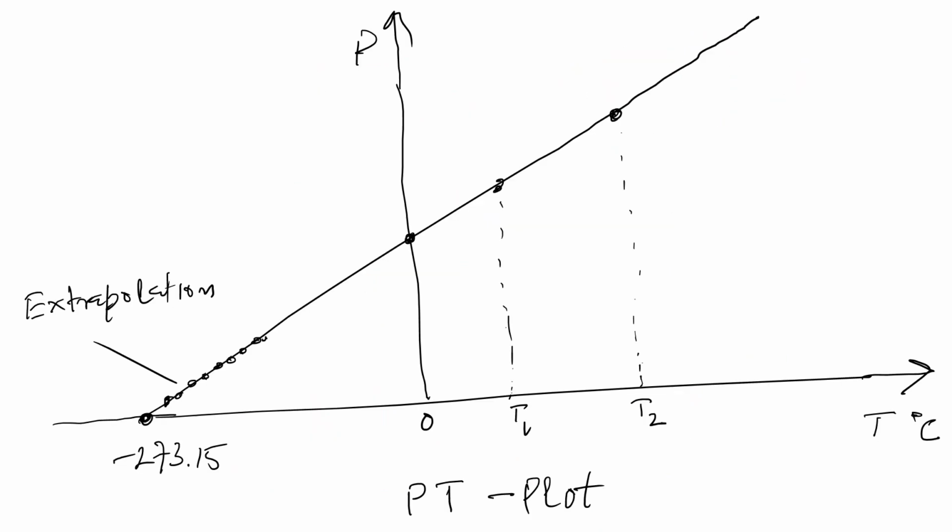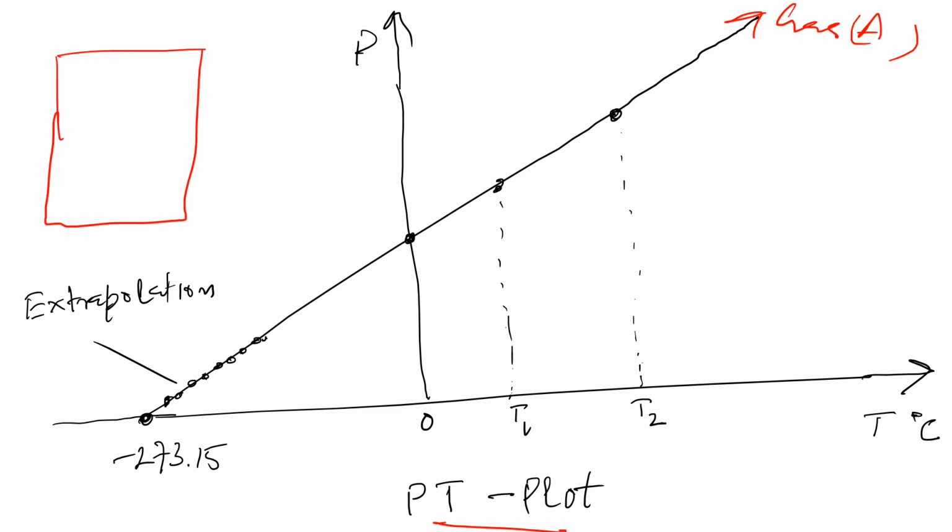Now let's understand this with the help of a pressure versus temperature plot. Let's take an example of gas A. This gas has been put into a fixed volume. V is constant, right? And you can see when there is a rise in pressure, the temperature is rising.